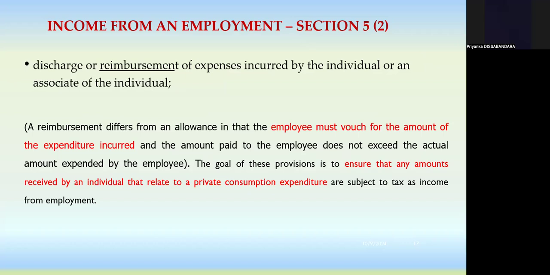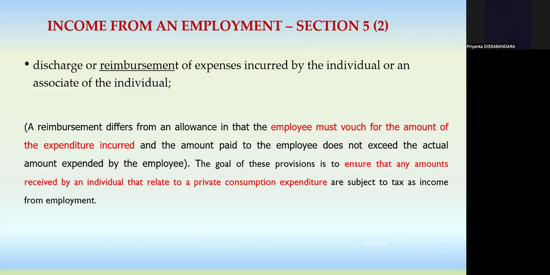Then the employer will give us the money for that expenditure. That is the meaning of reimbursement. If we receive that kind of reimbursement, that is also part of the employment income.